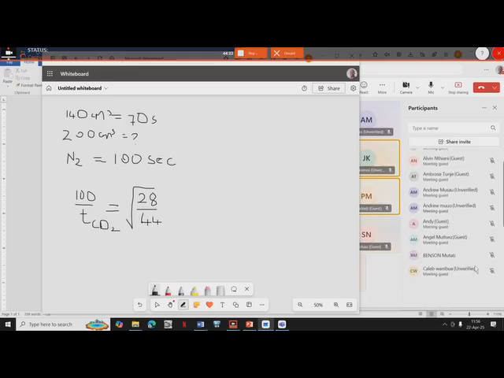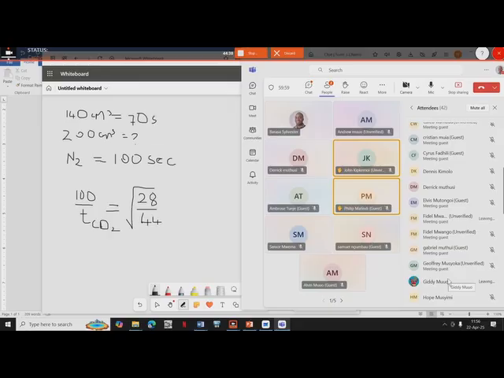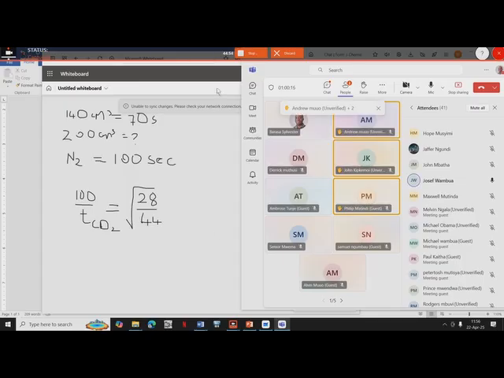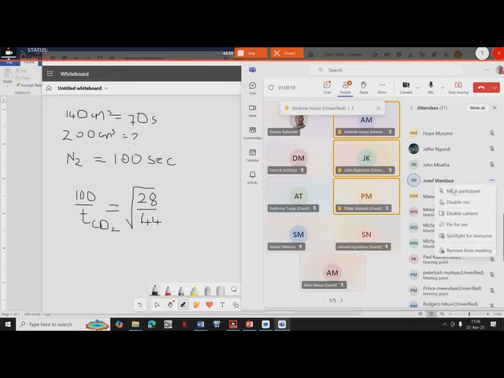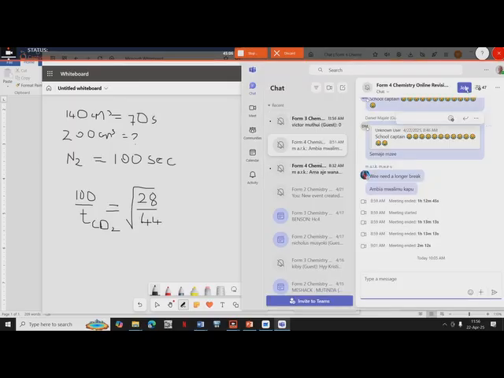So you have several options. You can get the square root of 28 divided by 44. Joseph Wambua, 28 divided by 44, then get the square root. Okay, Andrew Moore.